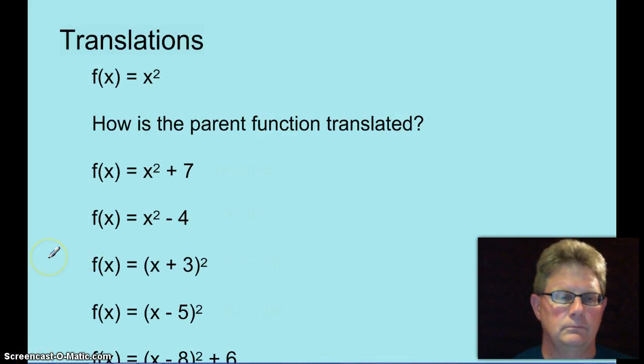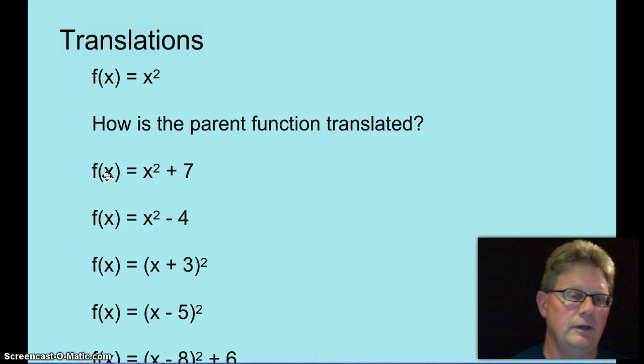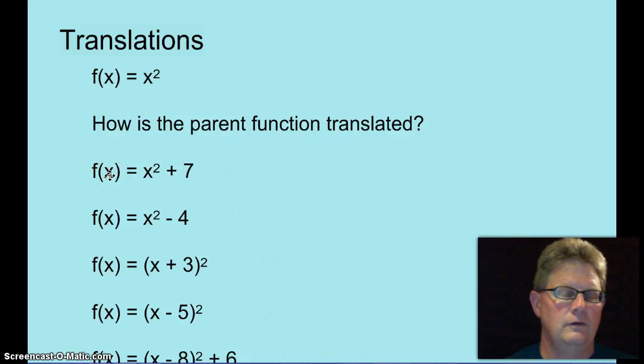Alright. Translations. Parent function is f of x equals x squared. How is the parent function translated if the new function is f of x equals x squared plus 7? If you want to put it on your calculator and look, you can go ahead, but if you do that, pause so that you can see the result, because right now I'm going to show you the answer.